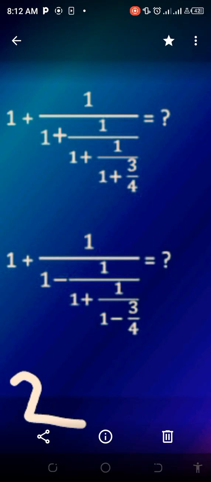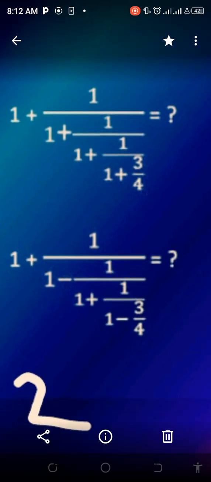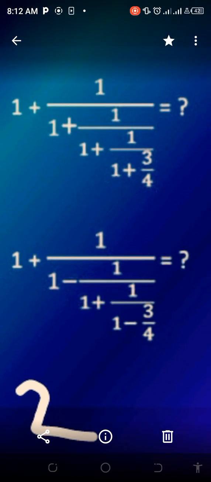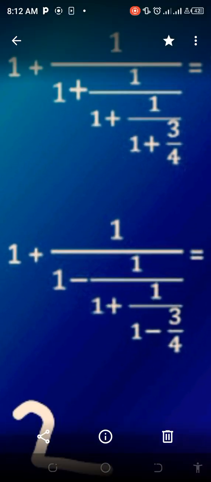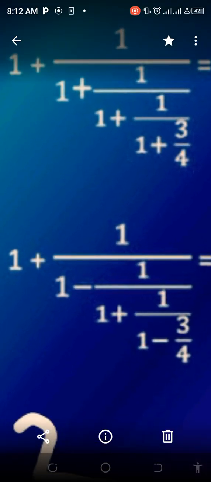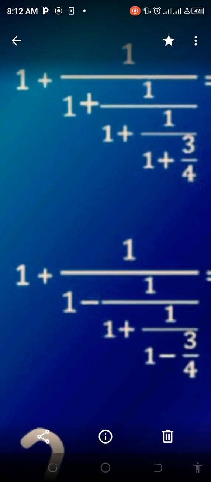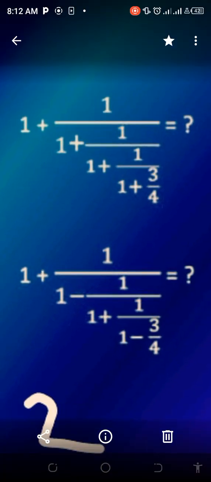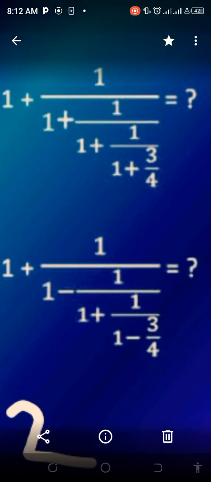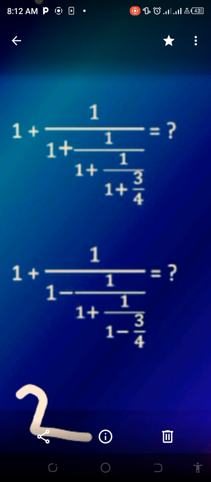The first whole number from the bottom is 1 minus, the next is 1 plus, the next is 1 minus, and the fourth ladder is 1 plus. So while the first one is all 1 plus, 1 plus, 1 plus, the second one is in the form of 1 plus, 1 minus, 1 plus, 1 minus.